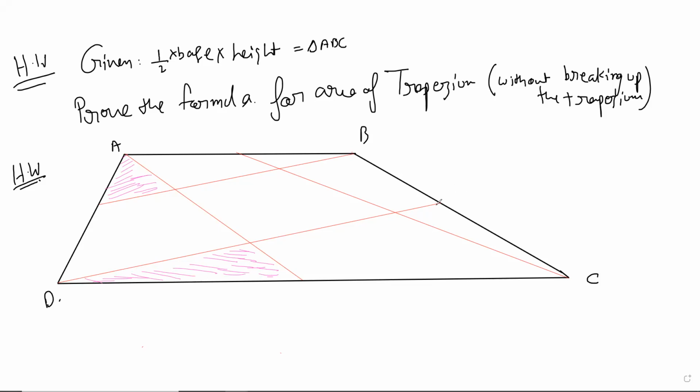So you can take that special case also and try first. And this pink region, the sum of the areas of these pink regions is in fact equal to the area of this green region.